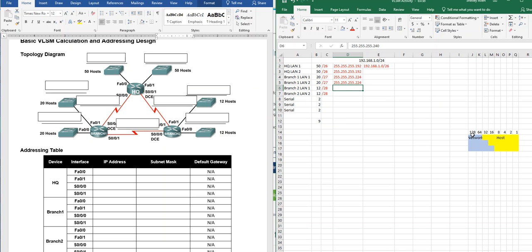And then your mask would be the value of 128, 64, 32, and 16. So 128 and 64 is 192, 224, and 240.